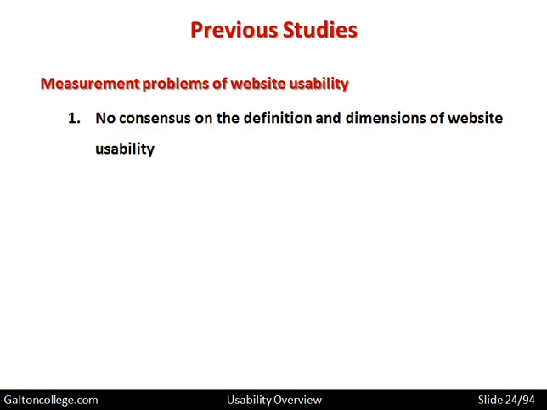We don't measure it in this way. There are no particular measures. It is really what hits the user. If the user likes it or doesn't like it, it's assessed subjectively. It's assessed in the mind of the user. Is it a good site or is it not a good site?